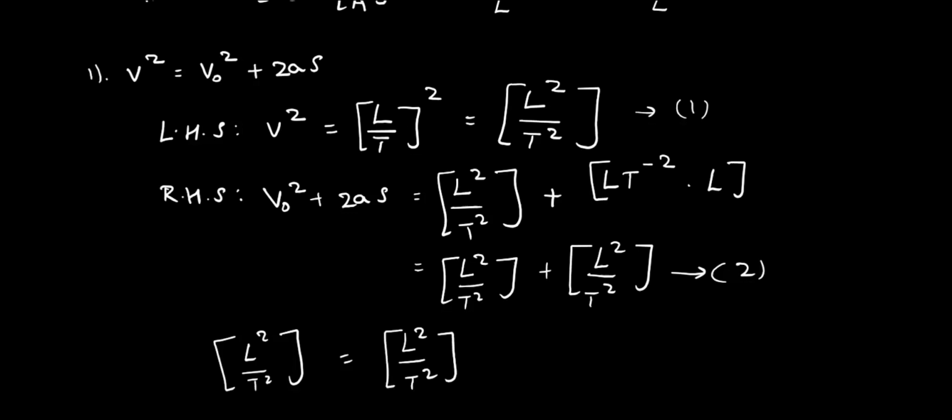So from 1 and 2, both LHS and RHS are the same. So the dimensions are correct, which means the formula is correct. The formula is valid: V square is equal to V naught square plus 2AS.